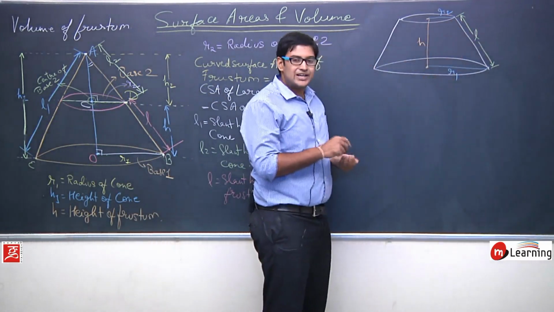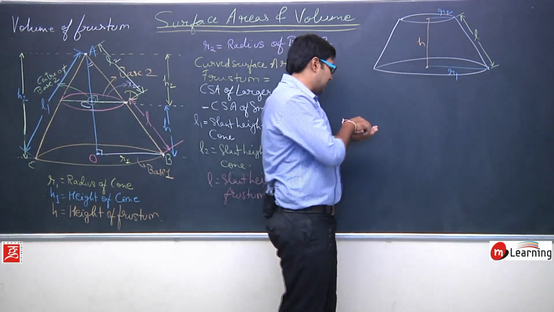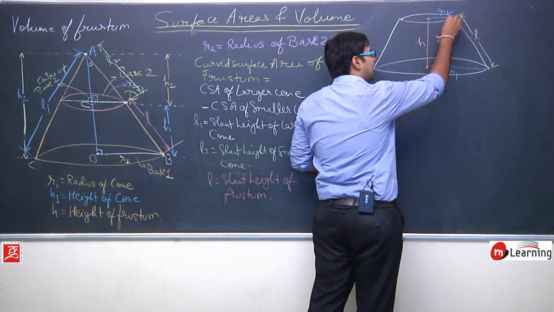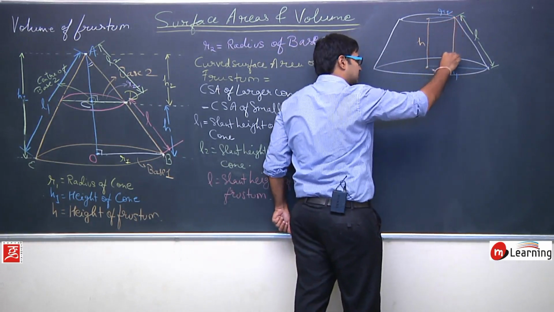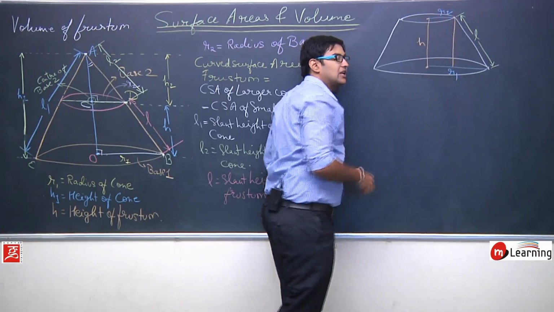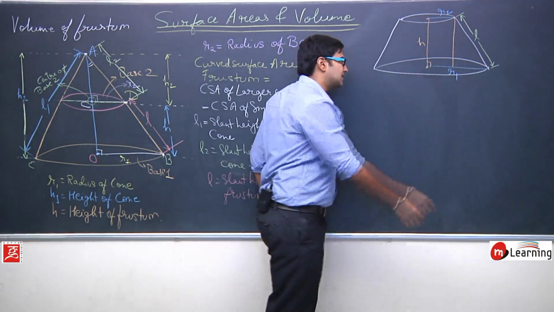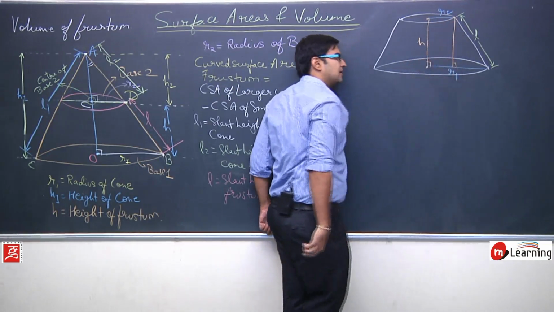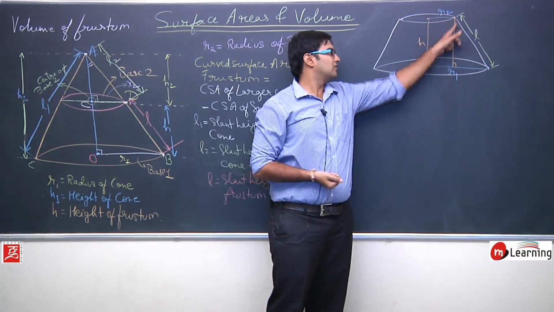Now, how to relate slant height and these three parameters? Let us see that if I draw a line from this corner to this base, this is a perpendicular line. This height is also perpendicular to the base and this line is also perpendicular to the base. What I can see is this is a rectangle.